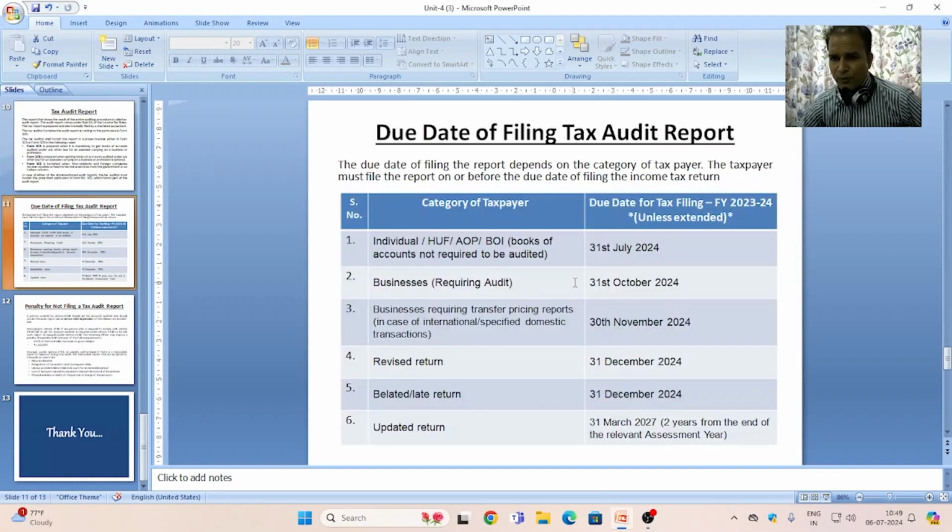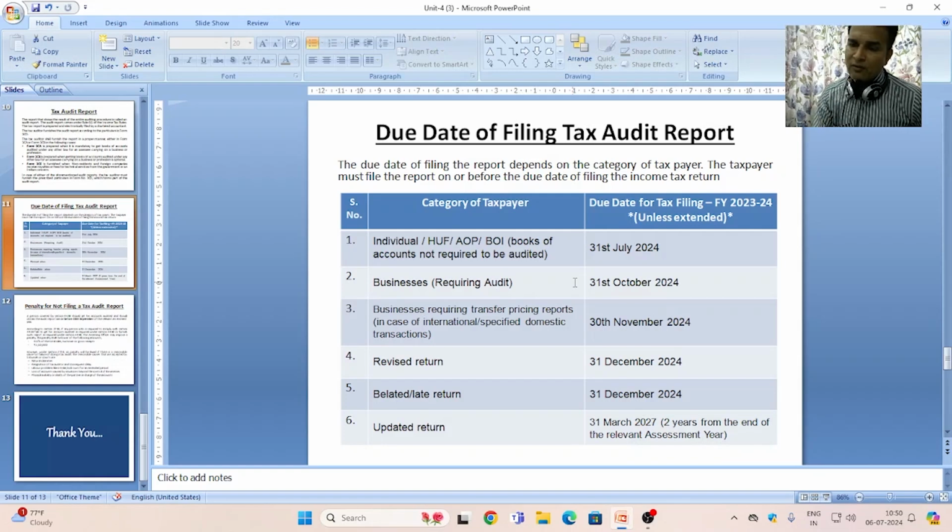Let me discuss some due dates of filing the tax audit report. The due date of filing the report depends on the category of taxpayer and the necessity of tax audit. The taxpayer must file the report on or before the due date of filing the income tax return.